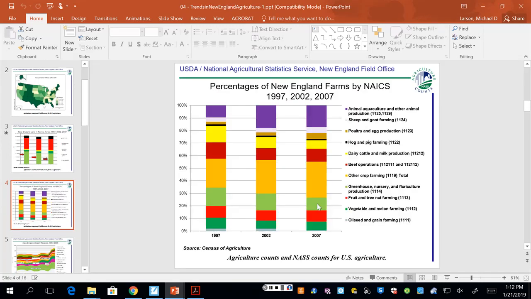That percentage of New England farms by code, right? So in this case, there are all these different categories of farms. So this is a qualitative variable that they report on with a lot of different levels. And this is a little graphical picture of this qualitative variable. You can see some of the changes over time.